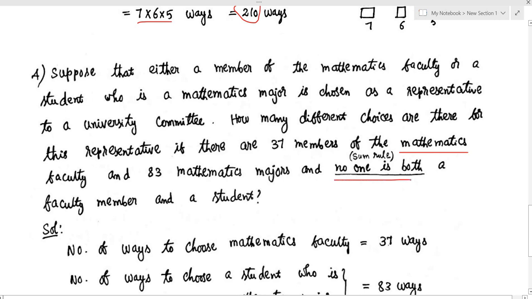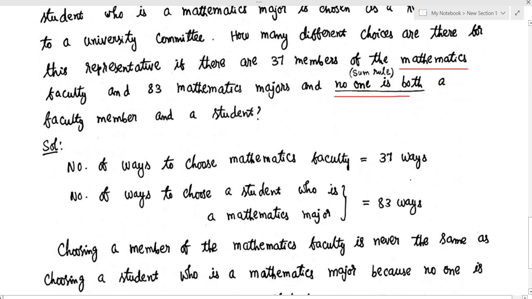Remember, here it is clearly mentioned no one is both, which means that both cannot be done simultaneously, which indicates that this problem should be solved by using the sum rule. No one is both a faculty member and a student.